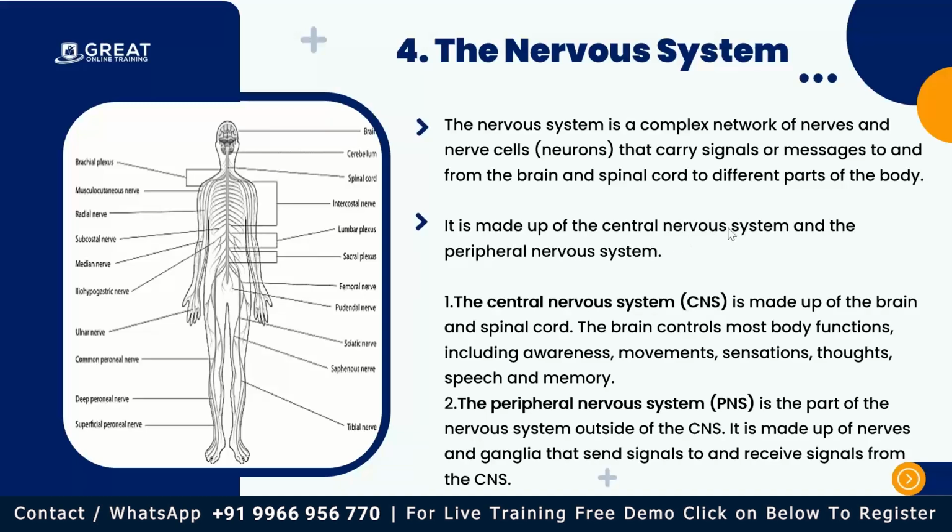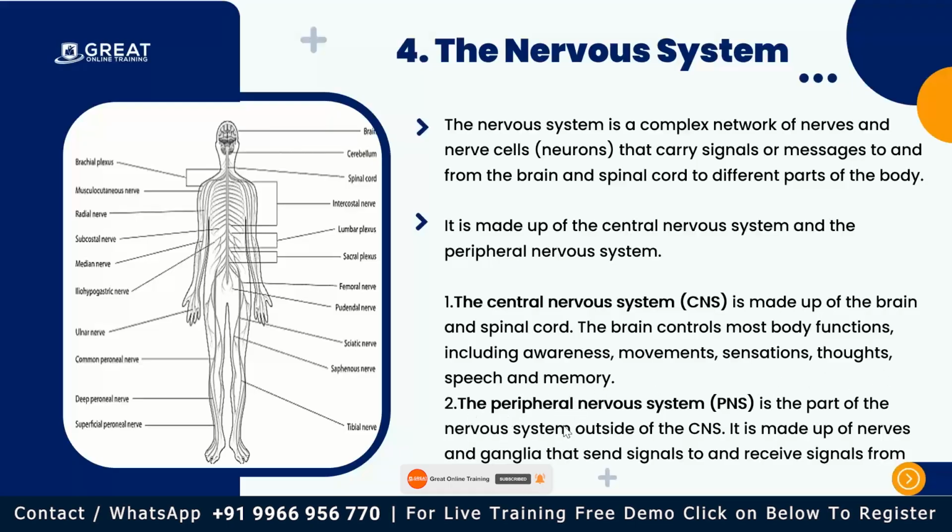It is made up of the central nervous system and the peripheral nervous system. The central nervous system, also known as CNS, is made up of the brain and spinal cord. The brain controls most of the body functions, including awareness, movement, sensation, thoughts, speech, and memory.